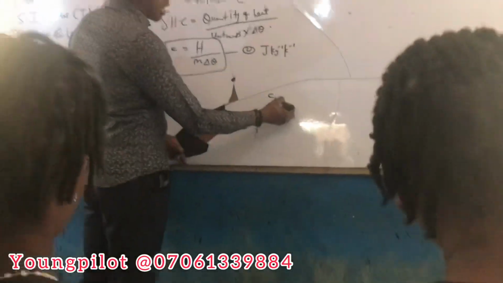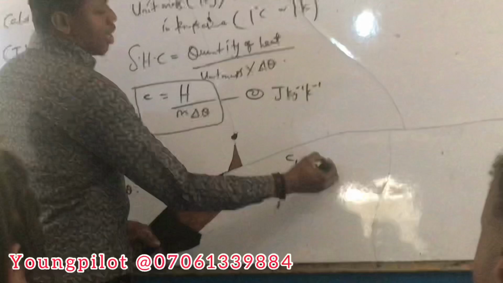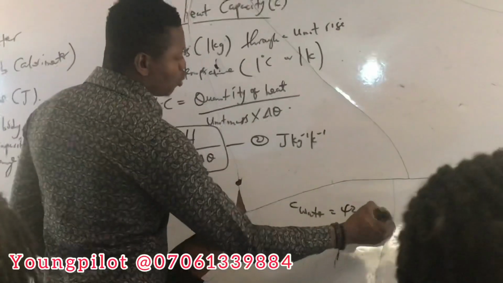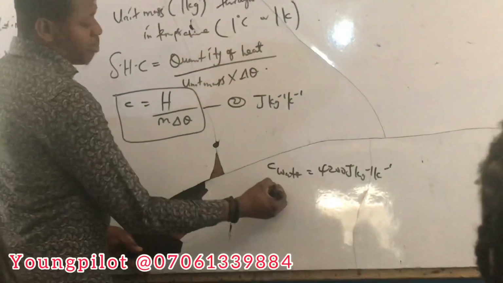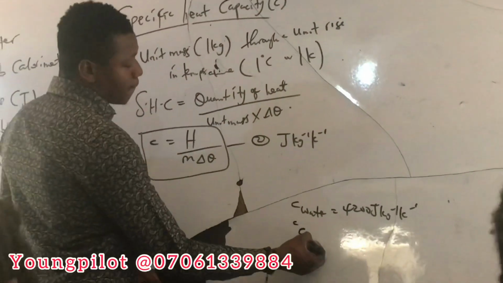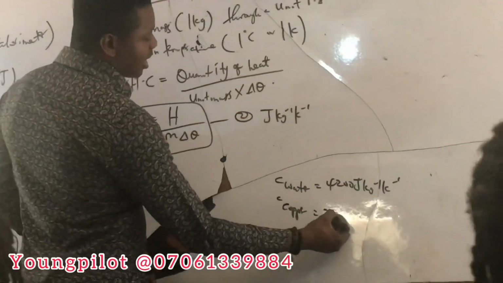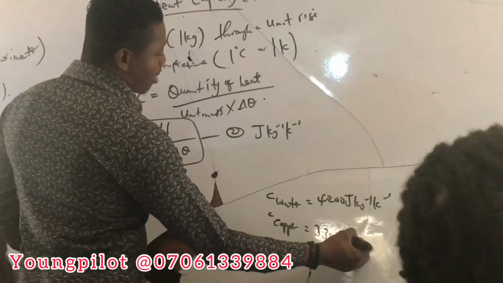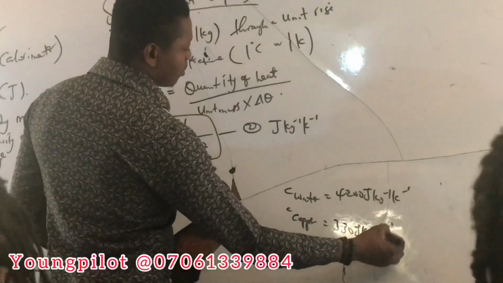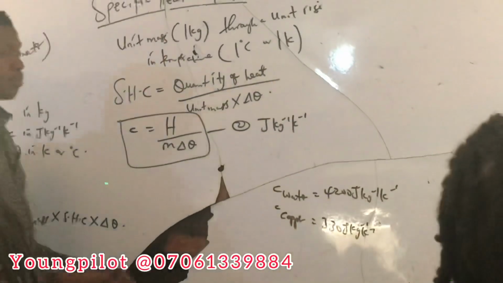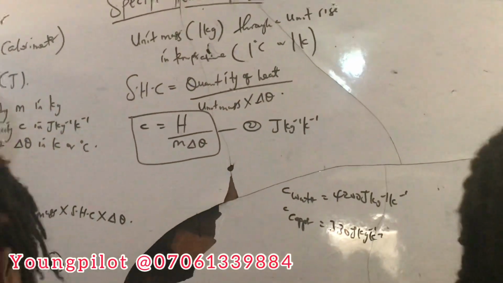Specific capacity of water, C water, is constant, which is 4,200 joules per kilogram per Kelvin. Then specific capacity for copper is 330 joules per kilogram per Kelvin. It's a range though. Copper can be 330 to 350.